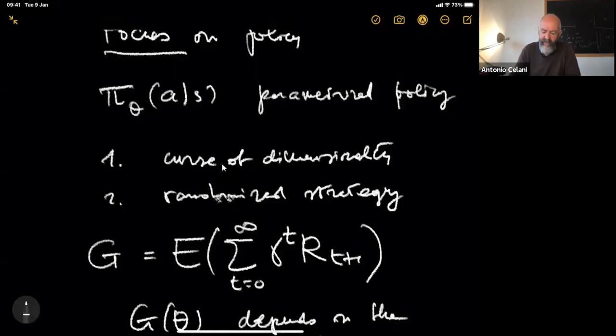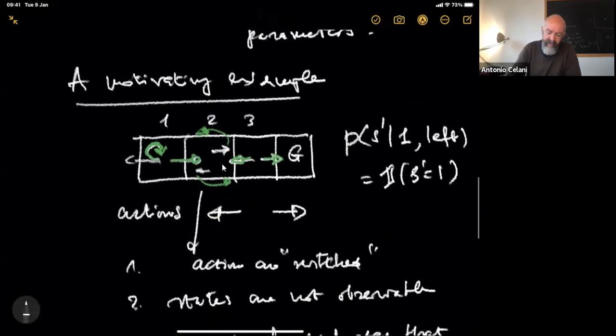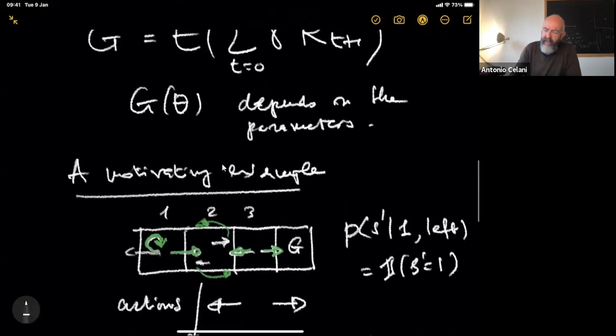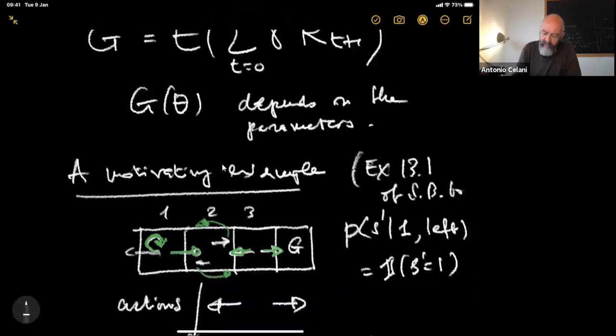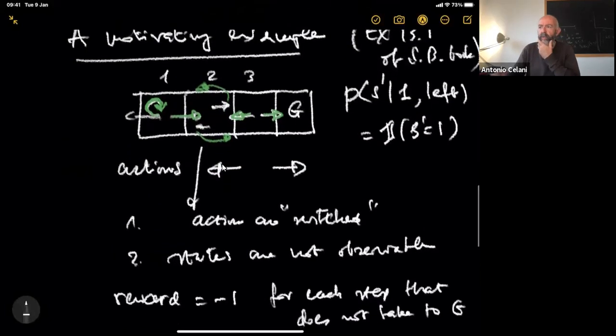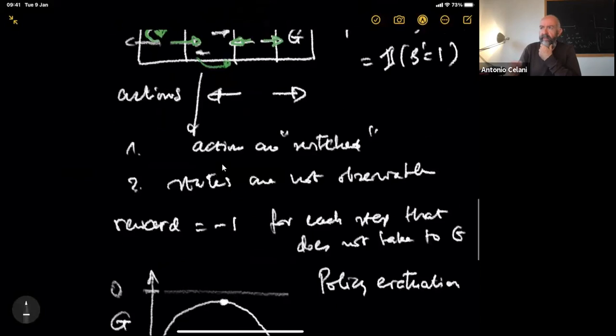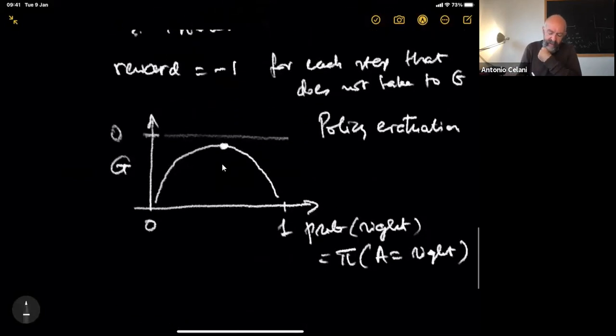Okay, it's a useful exercise. Very good. By the way, this is described in detail as example 13.1 of the Sutton and Barto book. You can find all the details of the definition in the book. And yeah, I encourage you to do the exercise.